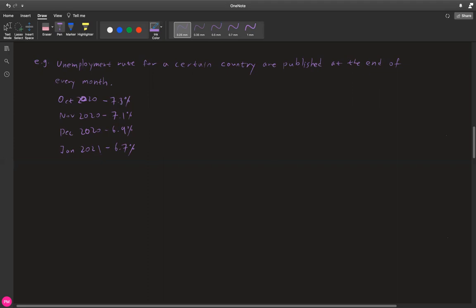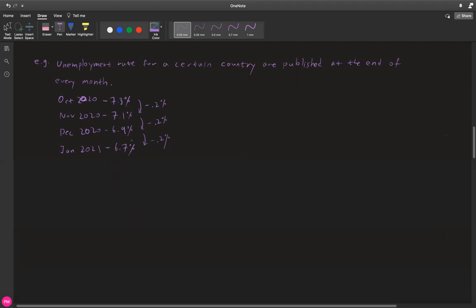So do we notice any pattern in these numbers? We can see that for each month, it's decreasing by 0.2%. In reality, this may not be as applicable because it never decreases in a linear manner like this.